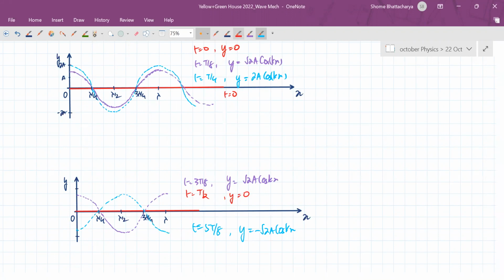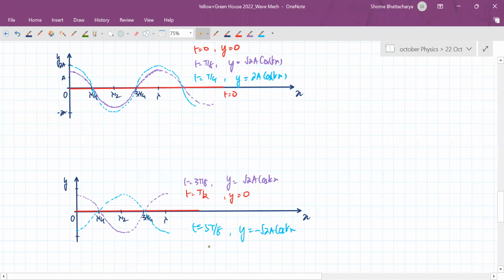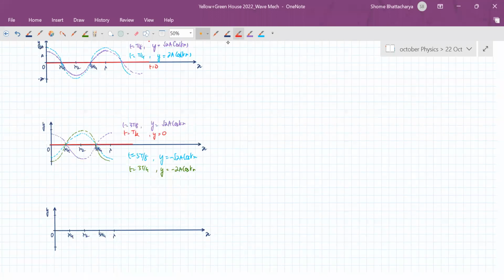And then by the time we go to another 1/8 of a cycle, we are at 3T by 4. So y becomes minus 2a cos kx. So now it becomes like this, and so on and so forth. So basically, if we put all this together, we'll see that starting from the mean position at t equal to 0, it eventually comes back to the mean position.